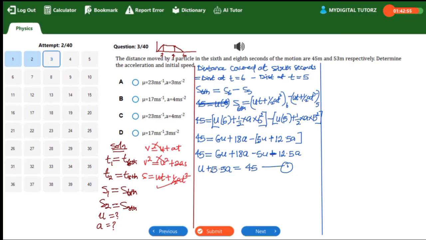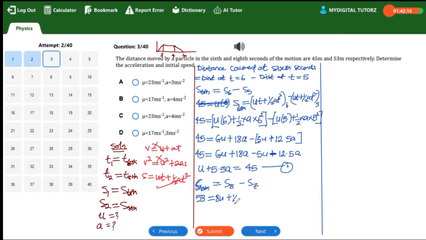So we are going to apply the same way for the 8th position. So that is S8 will be equal to S8 minus S7, just like S6 is S6 minus S5. So the 8th one will be S8 minus S7. So that X8, which was given to be 53, will now be equal to S8. Just the way we do it, anywhere we see T in the formula, we'll put T to be 8. That will give us 8U, right?